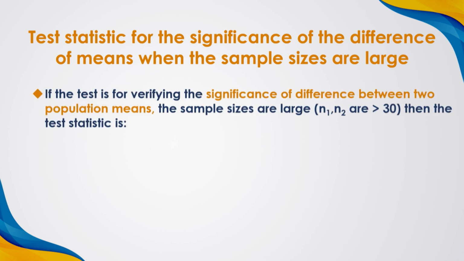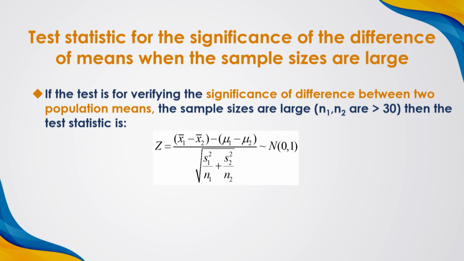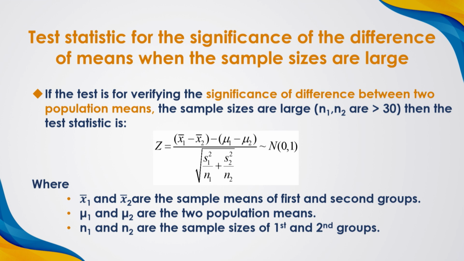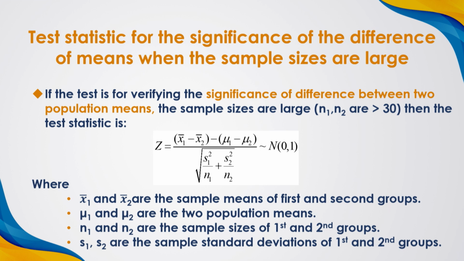If the test is verifying the significance of difference between two population means and the sample sizes are large, that means n1 and n2 are more than 30, then the test statistic is defined as z equal to x1 bar minus x2 bar minus (mu1 minus mu2) over root of s1 square by n1 plus s2 square by n2, which follows a normal distribution with mean 0 and variance 1, which means it is a standard normal distribution, where x1 bar and x2 bar are the sample means and mu1 and mu2 are the population means, n1 and n2 are the sample sizes of first and second groups drawn from two populations, and s1 and s2 are the sample standard deviations belonging to the first and second groups.